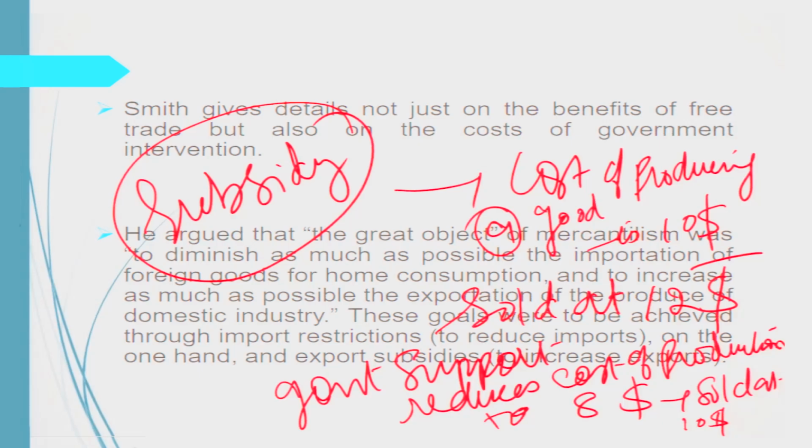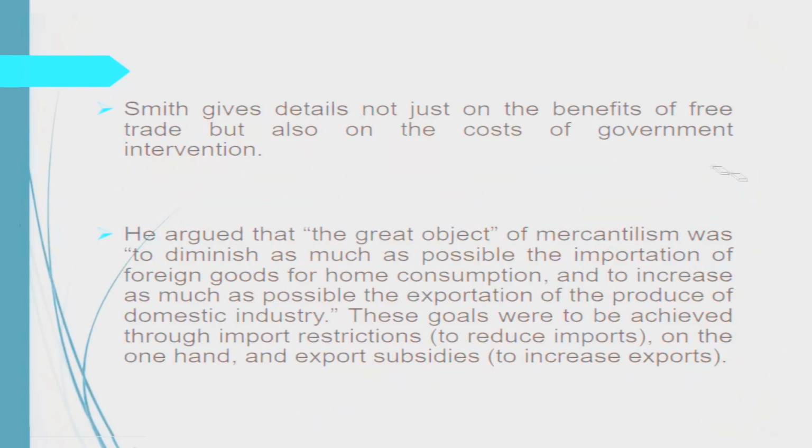But the question arises, from where does this $2 subsidy come? That is basically the taxpayers' money. Now this taxpayers' money that is used here as subsidy to reduce the cost of production finally is the wastage of taxpayers' money, and the same can be used somewhere else, or maybe in developing infrastructure, or the government can use it for some better purposes.